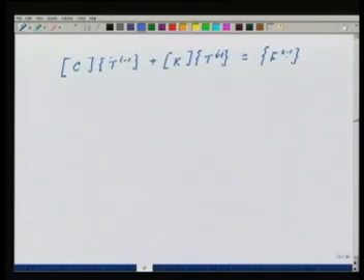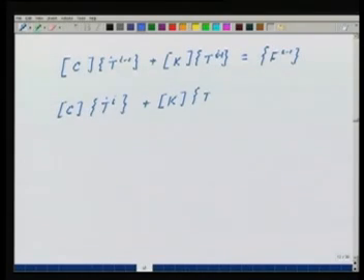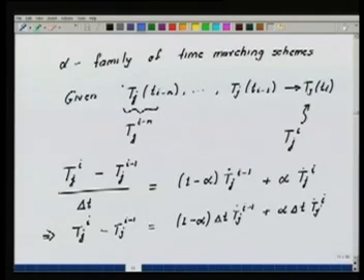This is at the time station I minus 1, because the equation has to be true at each time station. Similarly, I will also have C into T dot at station I plus K into T at station I equal to f at station I. These are the equations that we have.